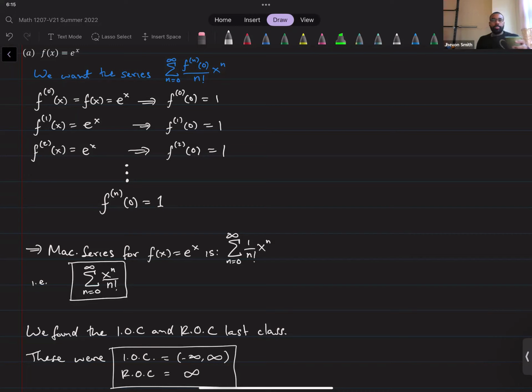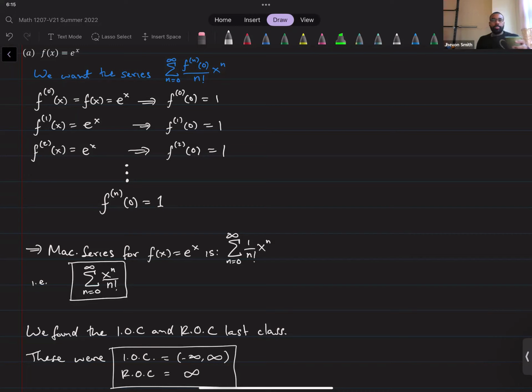Now, let's actually do the one for cosine. Let's see where we get with that. We're essentially playing the same game. We know the formula that we want to build up. It's the nth derivative evaluated at 0.